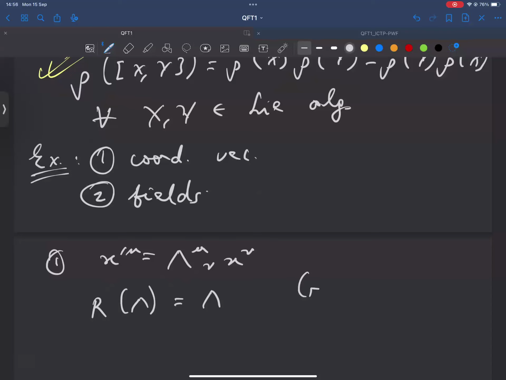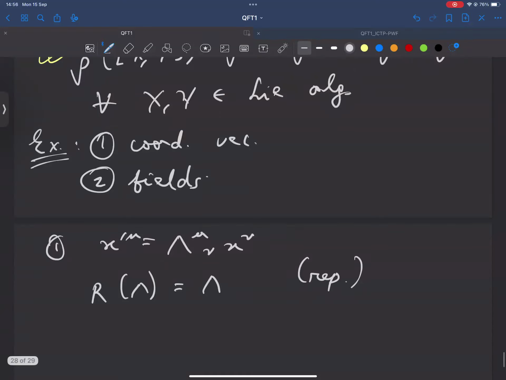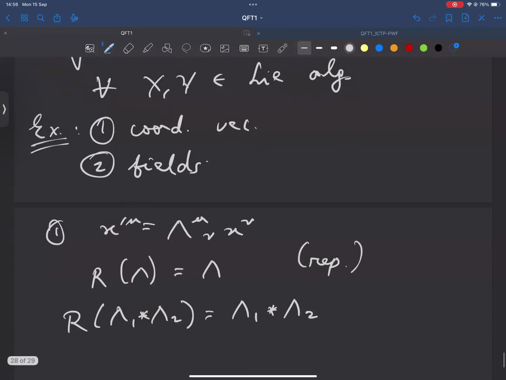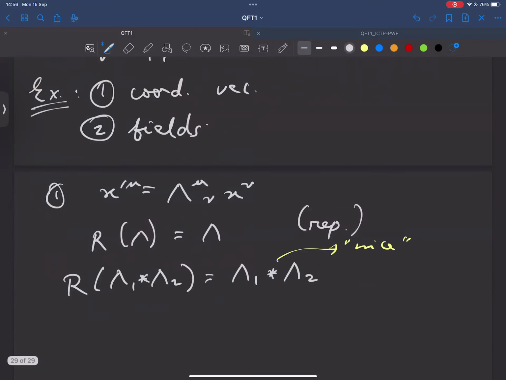Okay, so this is a very natural representation. So you take for every group element lambda in the Lorentz group, you just say that the representation is lambda itself. Now you can show that by definition the group homomorphism property is preserved, right? That if you multiply two matrices, this is nothing but just matrix multiplication, and we know that this is nice as a matrix multiplication. So this is already a representation.